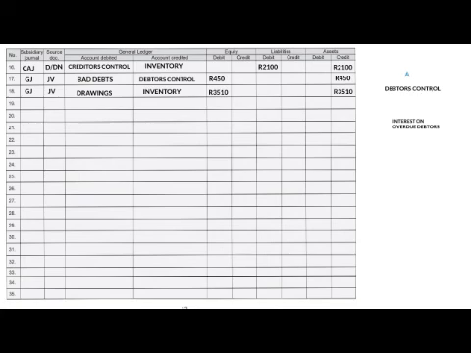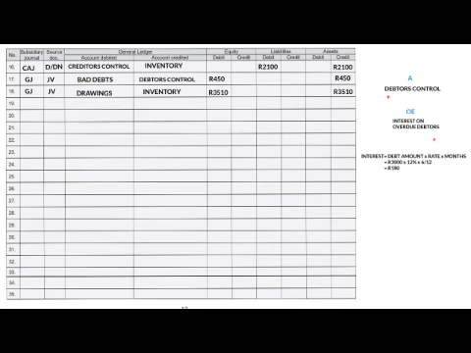Debtors control is an asset. Interest on overdue debtors is an owner's equity. Since the debtor now owes us more money, we are charging him interest, and that is then a positive effect on owner's equity. And his debt will increase because he now owes us this interest, so debtor's control will be debited.